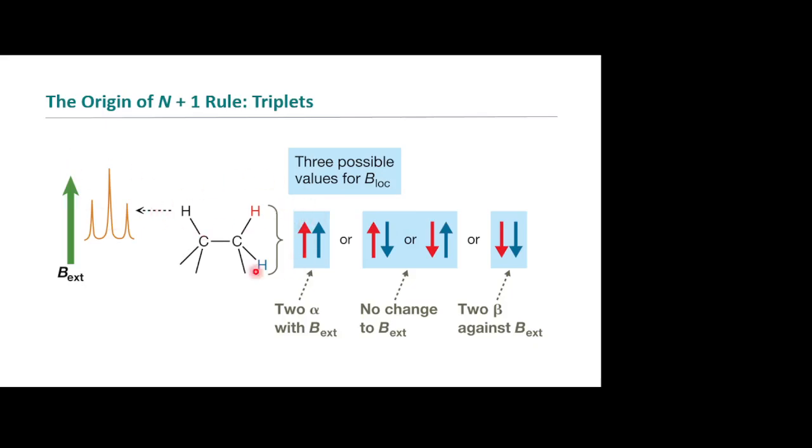Okay, so if we get both of them up, then both of them are going to align and cause that magnetic field to shift in one direction. And so you'll get an increase. If both of them are down, then they're both going to do the exact same thing, and they're going to give you that other split right here.